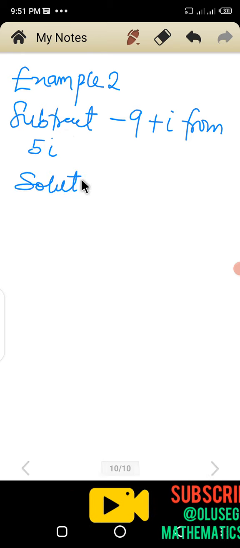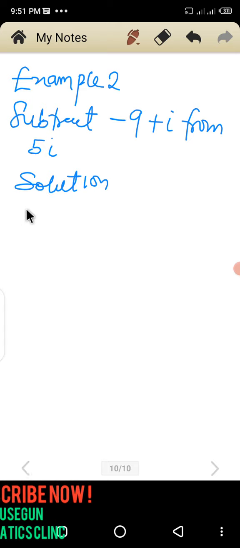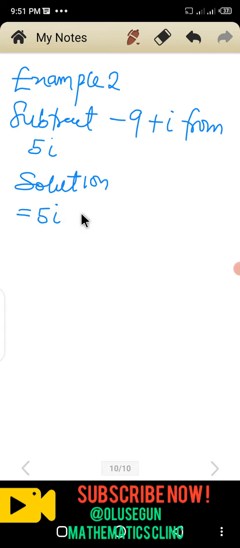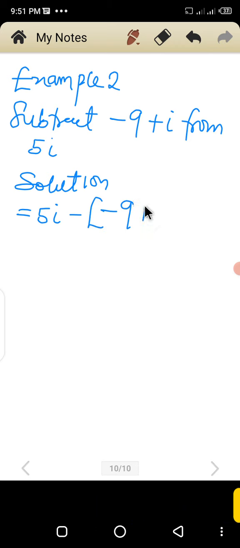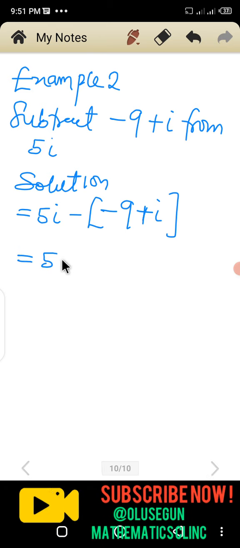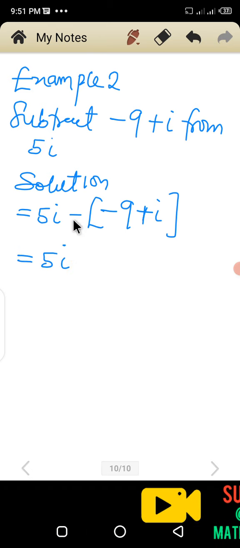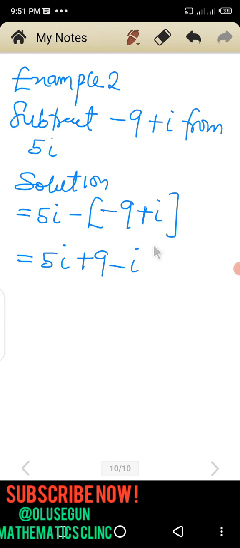So if you are to do this, recall that it is from 5i, so it will be 5i minus bracket open minus 9 plus i. You expand: minus and minus will give you plus 9, minus i.